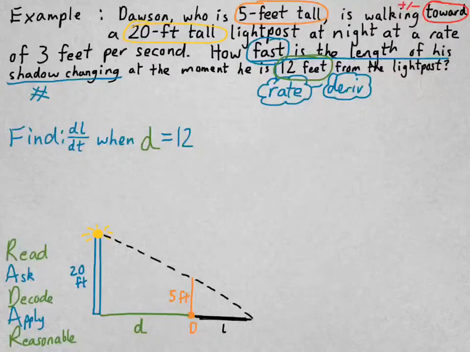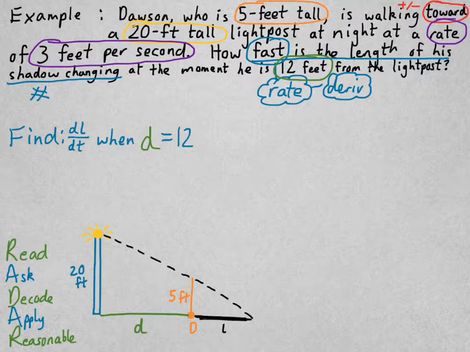He's walking at night, hence the shadow, at a rate of 3 feet per second. Okay, so that's a rate. Rate, I'm thinking derivative again. So I'm given that d something dt is 3 feet per second. What is the something? That would be his distance from the light post is changing at a rate of 3 feet per second.